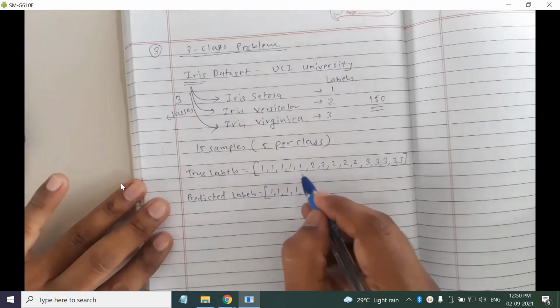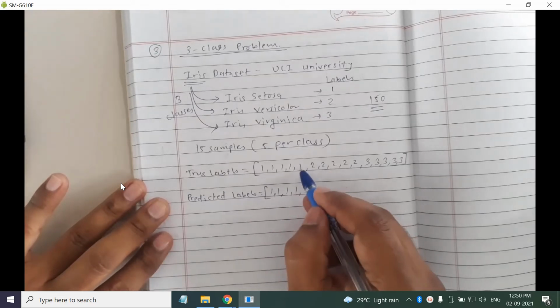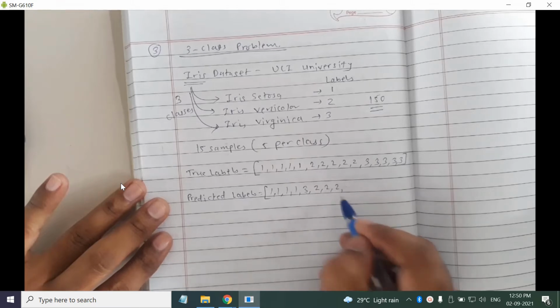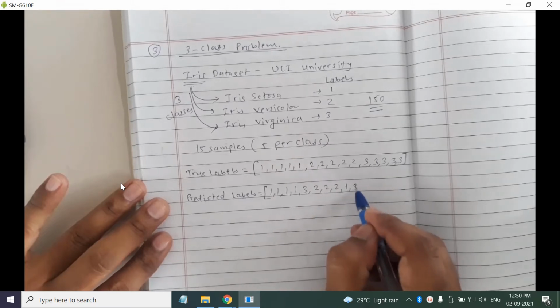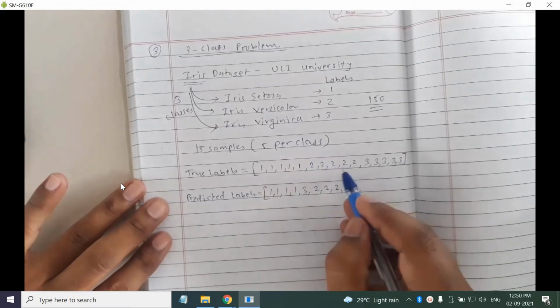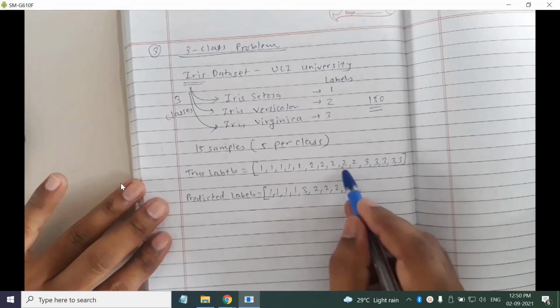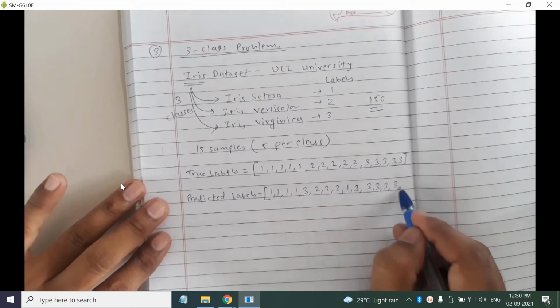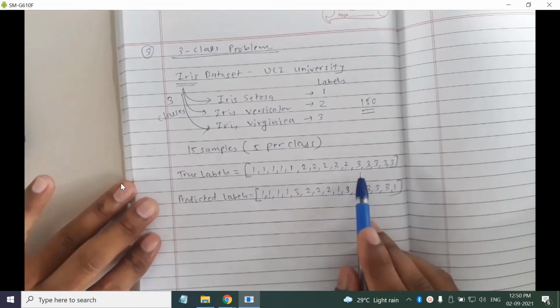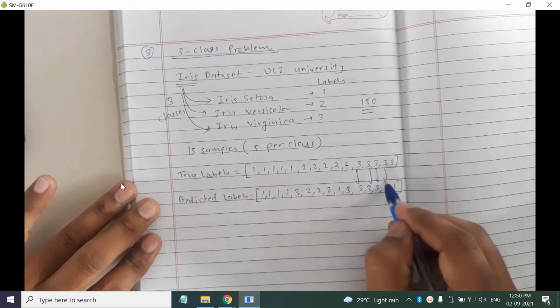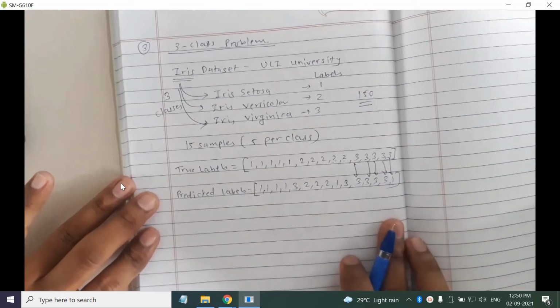So the label for the fifth sample, our model predicted as class 3, then 2 2 2, consider 1 and 3. So the last two versicolor flowers are misclassified, 1 and 3, let's say. For class 3, 4 are correctly classified, 3 is predicted as 3, but the last one is misclassified as 1.